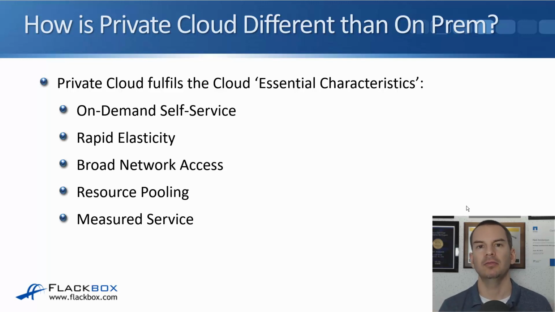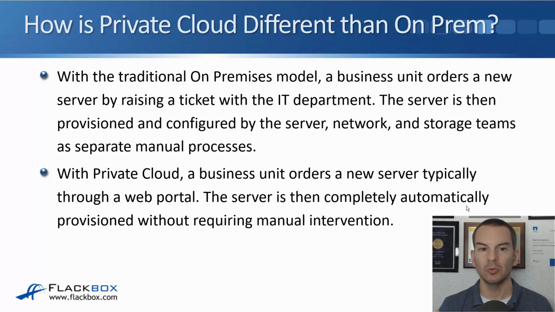So if you think back to the example when I gave you the demo of Amazon Web Services, which was on public cloud, well, an organization could develop something like that for their own internal use. With the traditional on-premises model, a business unit orders a new server by raising a ticket with the IT department. The server is then provisioned and configured by the server, network, and storage teams as separate manual processes, and it will typically take over a week.